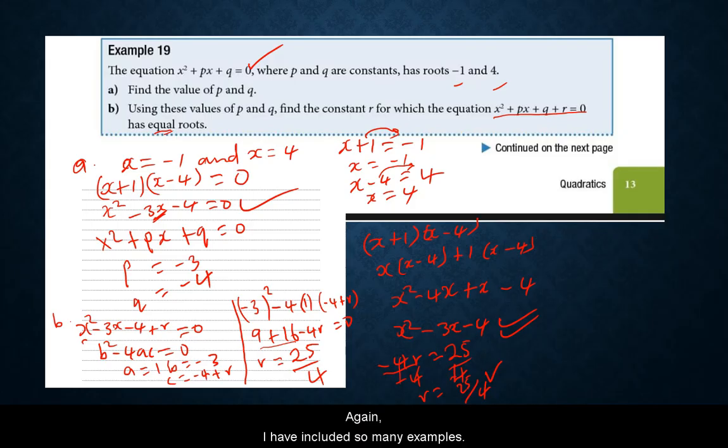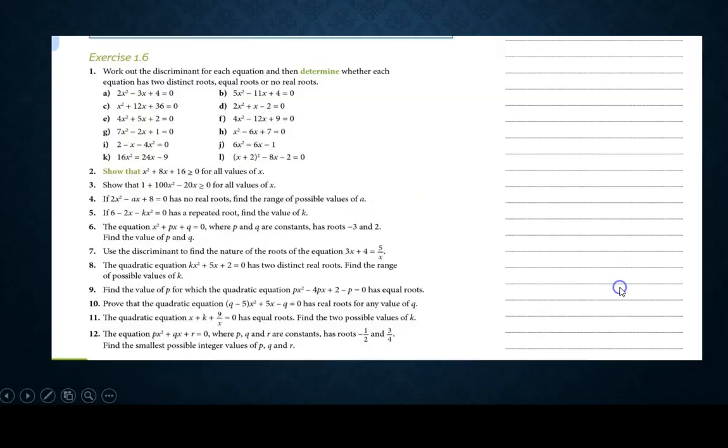Again, I have included so many examples. Test your understanding and check the answers in the link below the video. So we have exercise 1.6. Work out the discriminant for each equation.